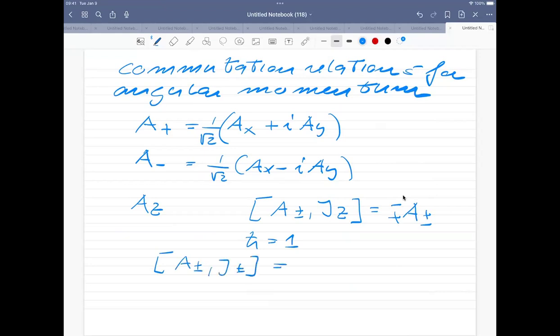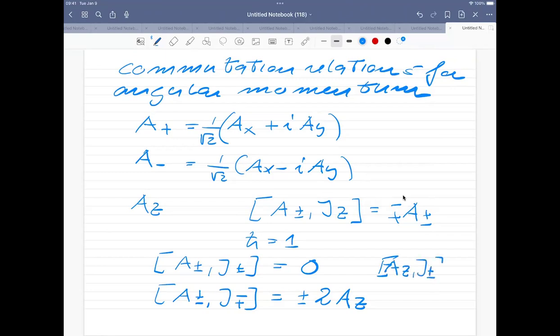So these are two different vectors. This is equal to 0. I have A_plus/minus with J_minus/plus, which is equal to plus/minus 2 times A_z. And then we have additional relations where we have A_z with J_plus/minus, which is equal to plus/minus A_plus/minus.